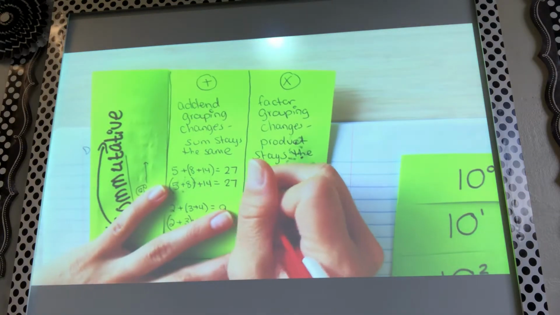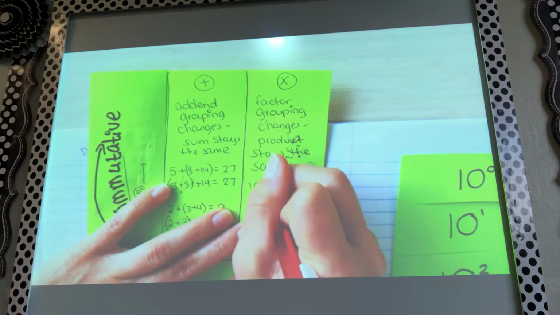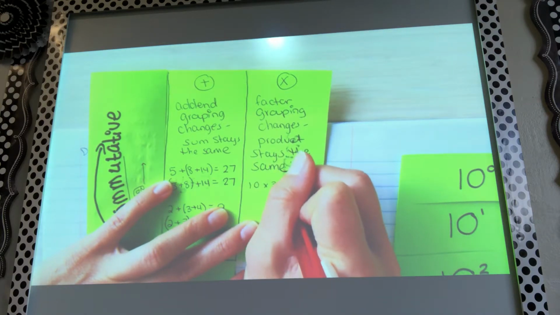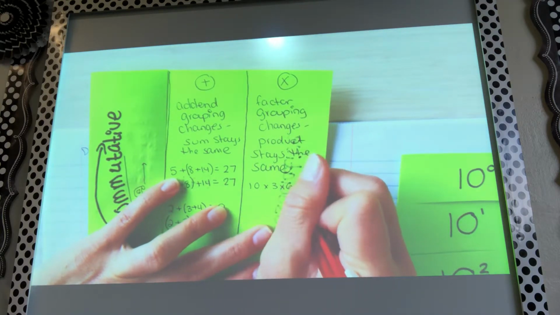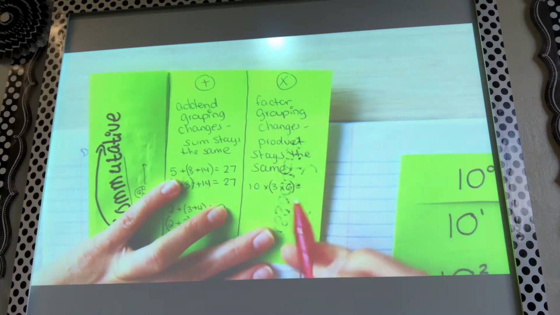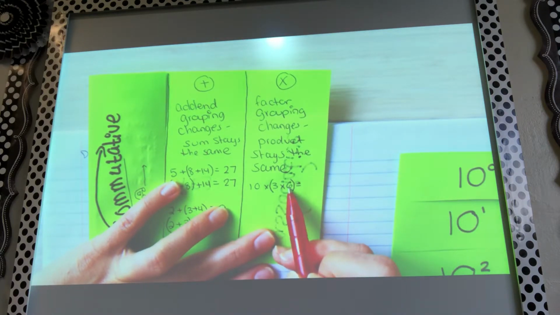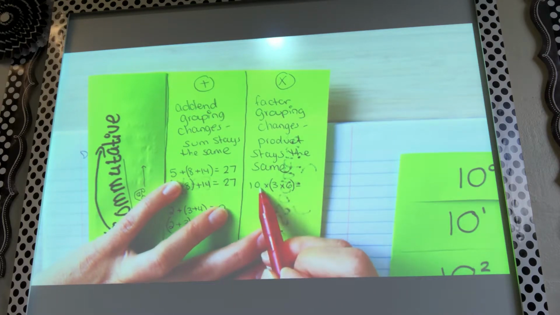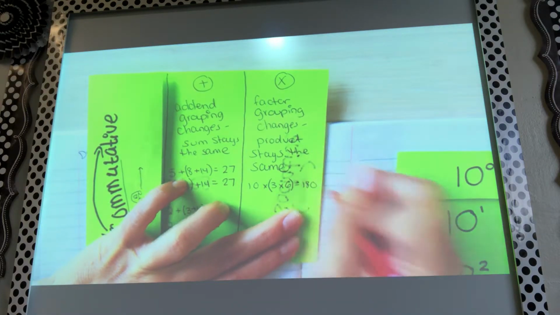So I can do, let's say, 10 times 3 times 6. And I'm going to have my groupings here. Well, I would do 3 times 6, which is 18, times 10 is 180 product.